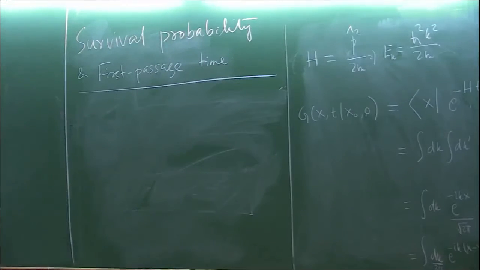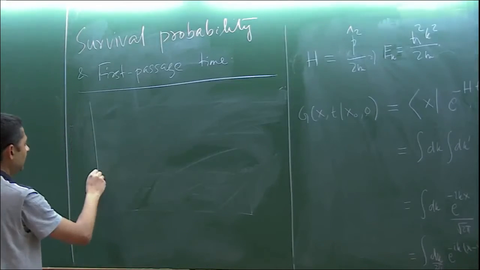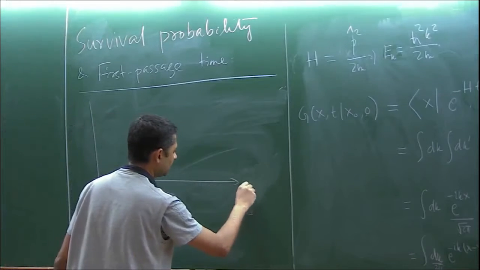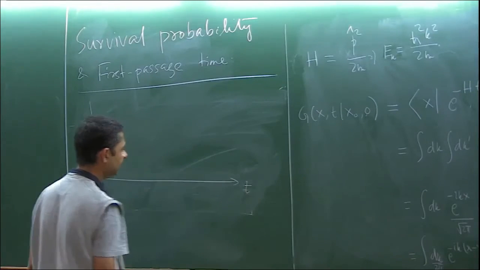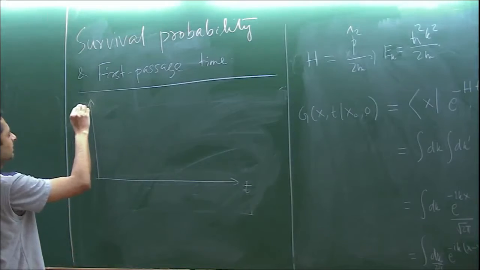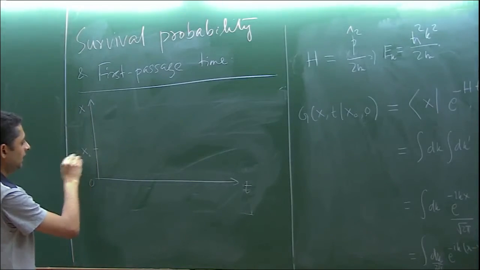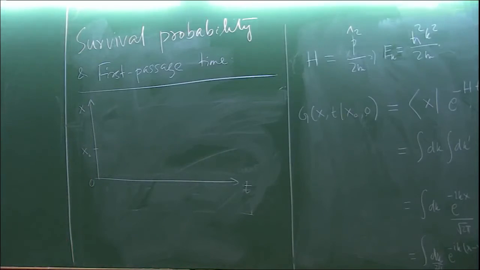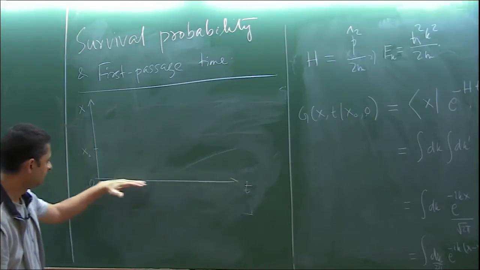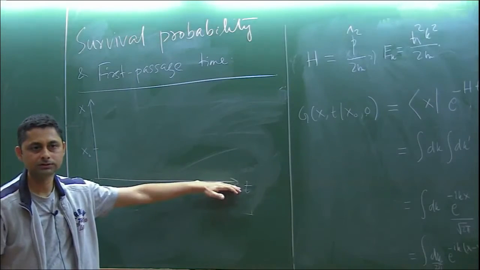Okay, so let's just formulate the simpler problem now. So this is my time, this is my space, and suppose I start from some point x0, right? So there is a cliff here.